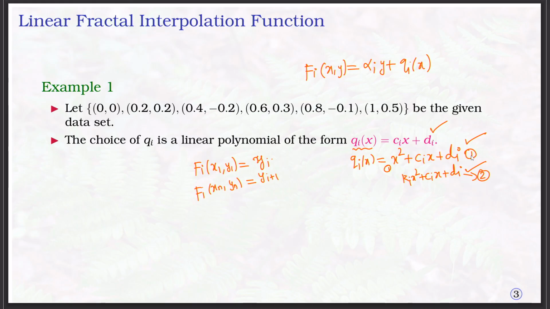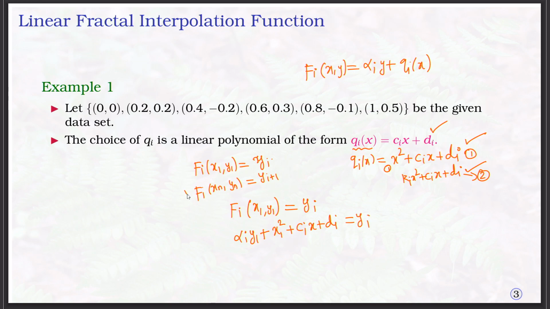Now if we choose the quadratic form, what will happen? The equation becomes Fi(x1, y1) = yi, so the left-hand side is alpha i times y1 plus, replacing x with x1, x1 squared plus ci x1 plus di, equal to yi.